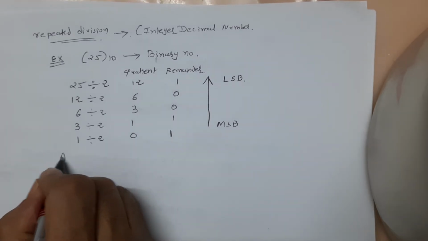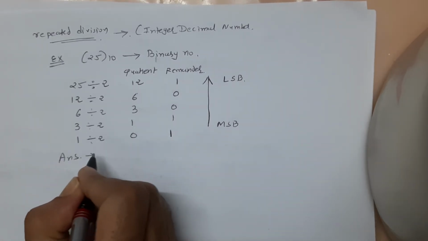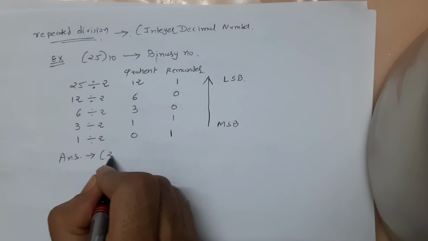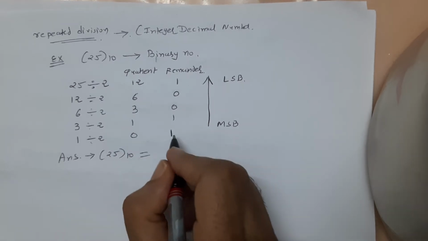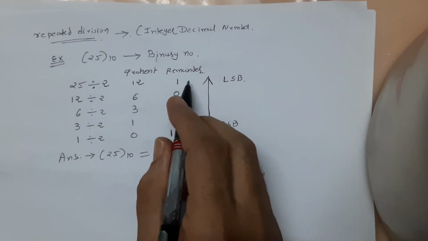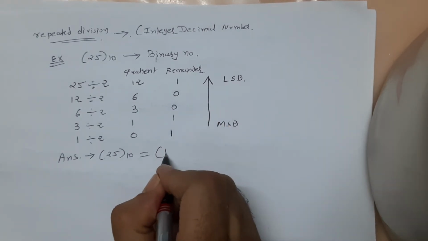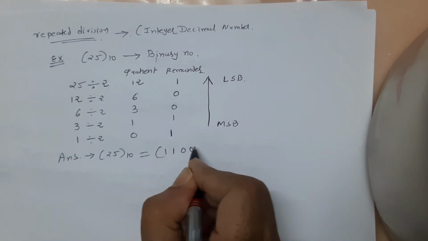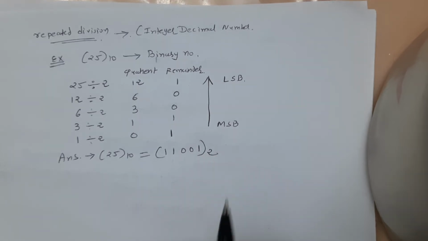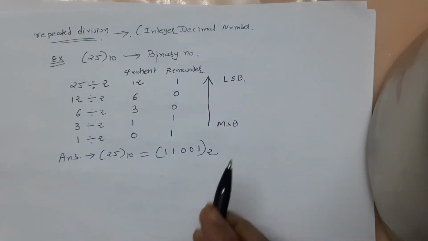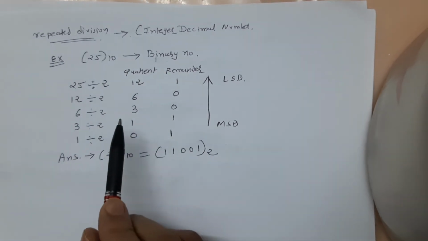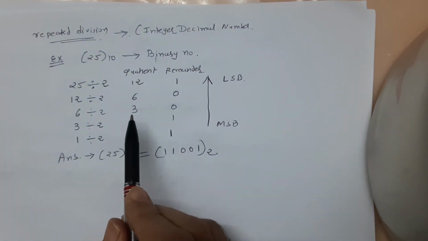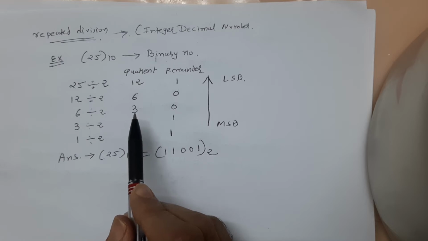So the answer is 25 decimal is equal to 11001. In this way, we convert this integer number into binary. And this is a very simple method.